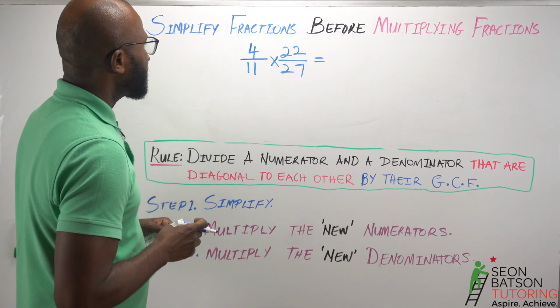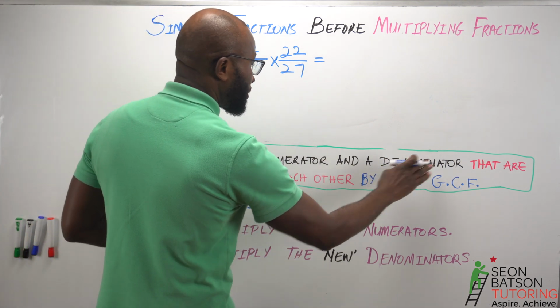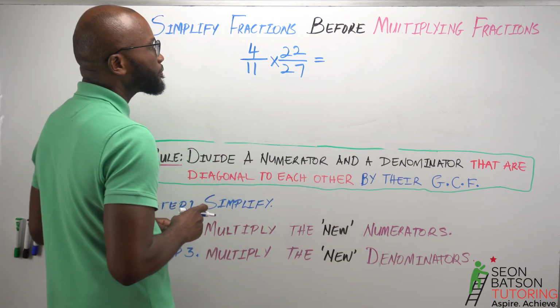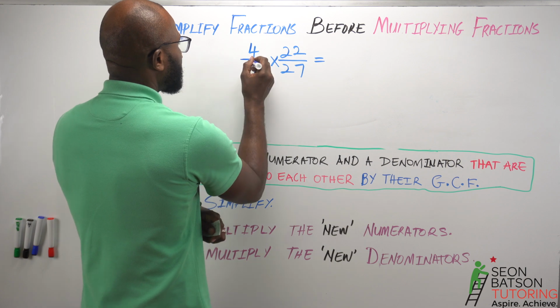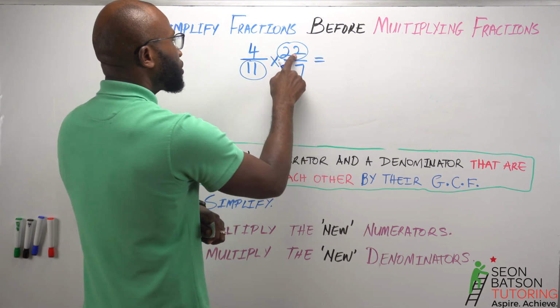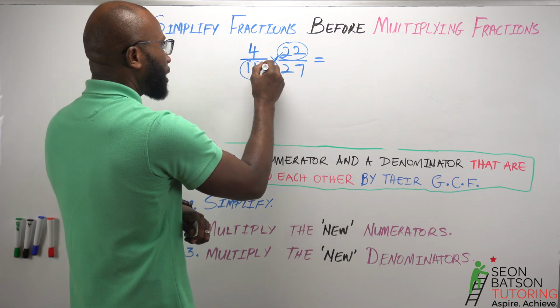To simplify the fractions, we can divide a numerator and a denominator that are diagonal to each other by their greatest common factor. Let's start with this 11 and this 22. We choose a numerator and a denominator that are diagonal to each other.